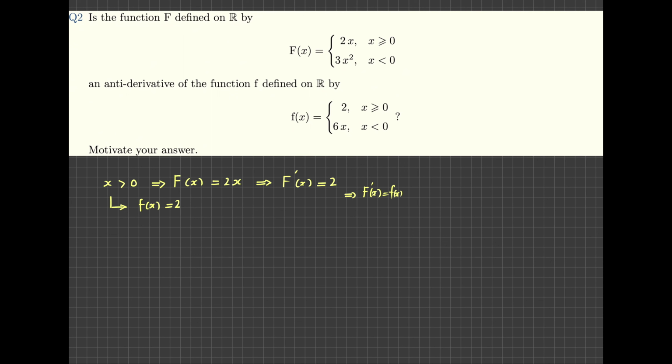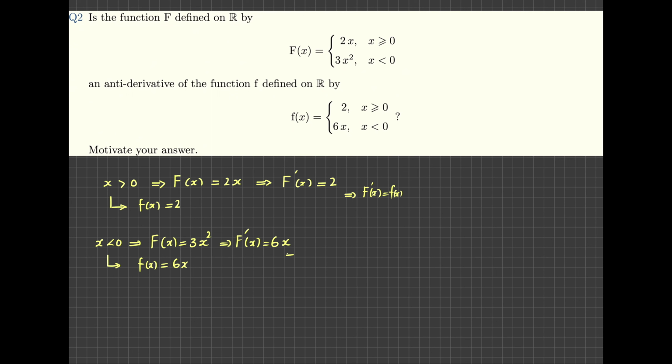Okay, and then if x is negative, then capital F of x is equal to 3x squared, which is a differentiable function, and when I differentiate it, it becomes 6x. But of course, if x is negative, little f of x in this case is equal to 6x again.